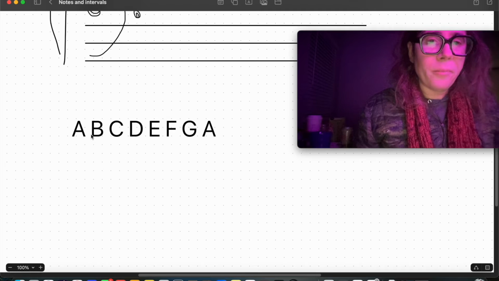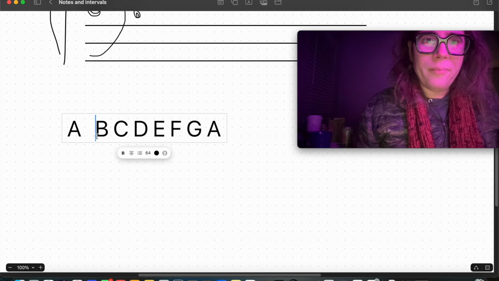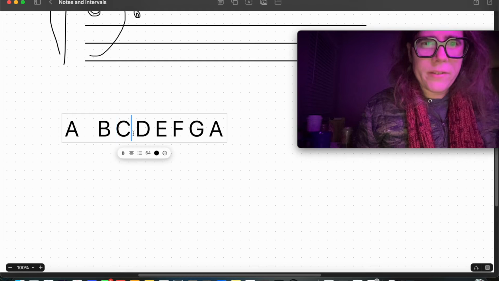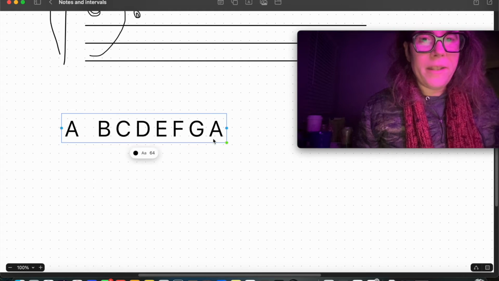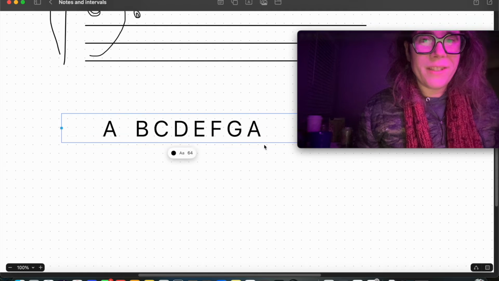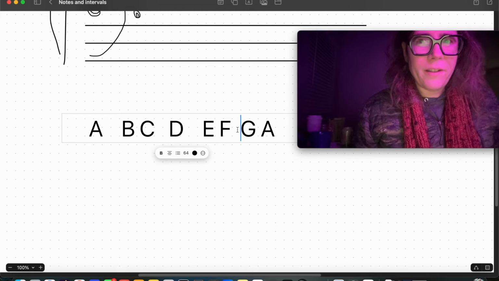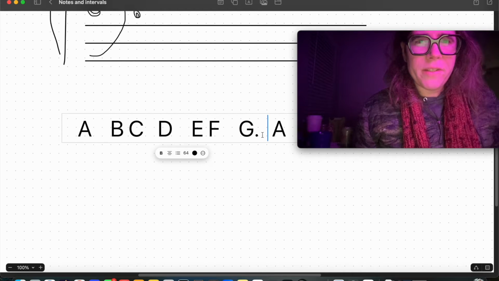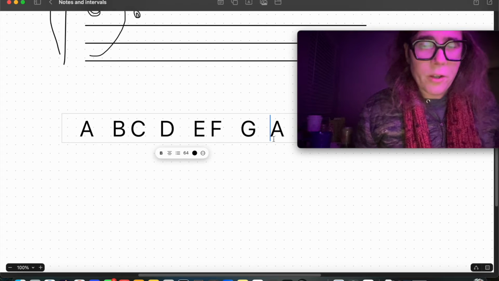What I'm going to do here is give us a little extra space in order to add something necessary here. So as I separate these a little bit, we'll start to understand something about these relationships amongst these notes.